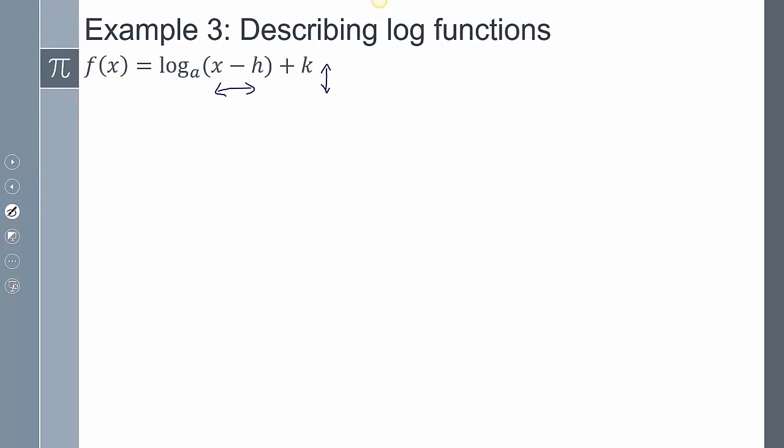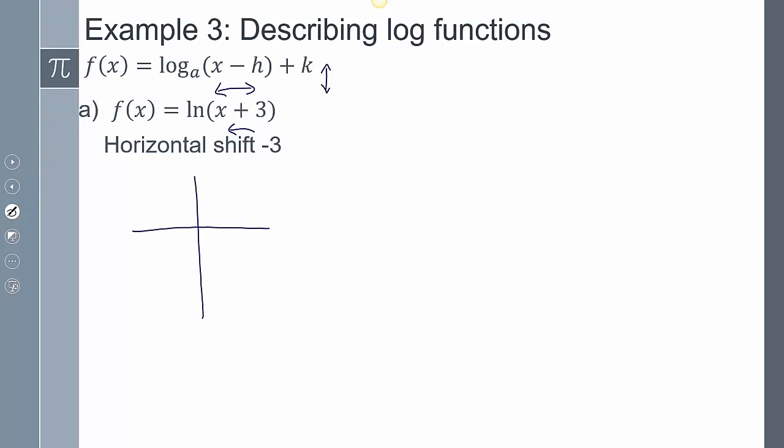Those still apply. So if I wanted to describe how this function shifts, I can say that this is going to move over horizontally 3 spaces. So what is that going to look like? Well, I know that my sketch starts at (1, 0) and looks something like that.